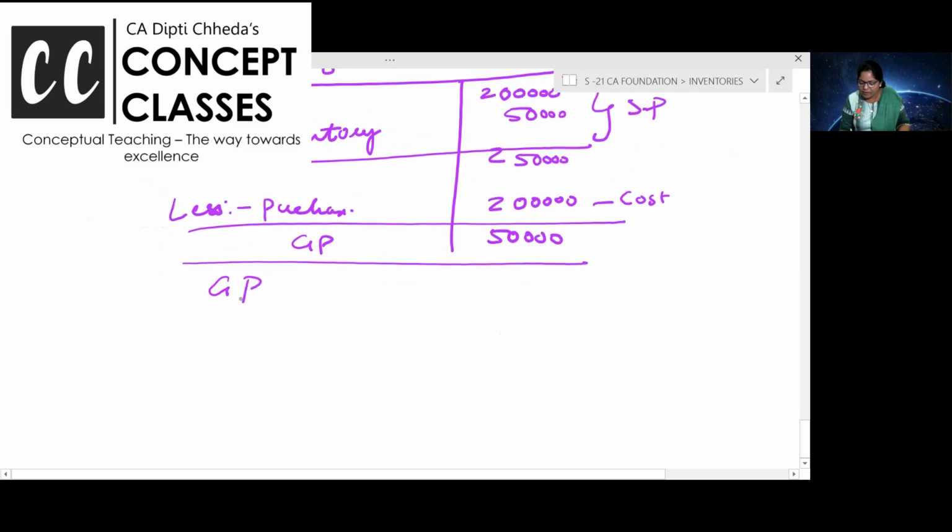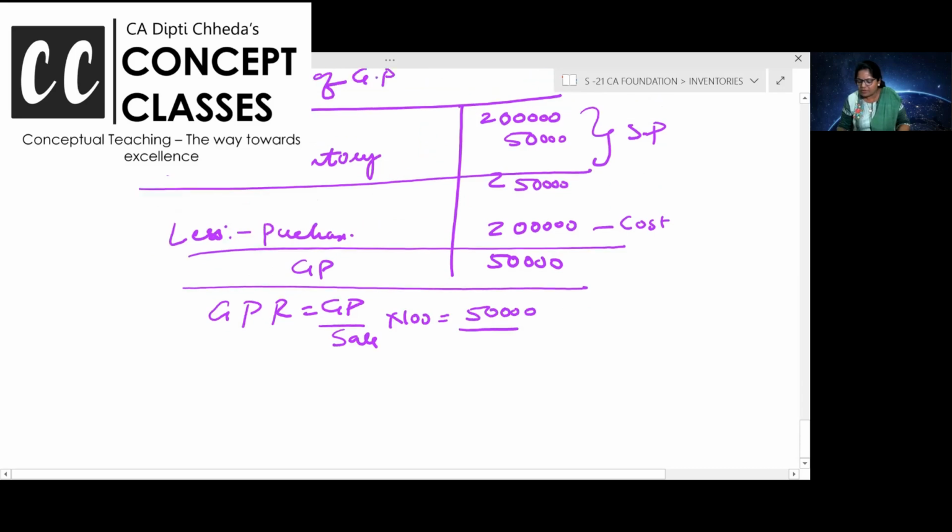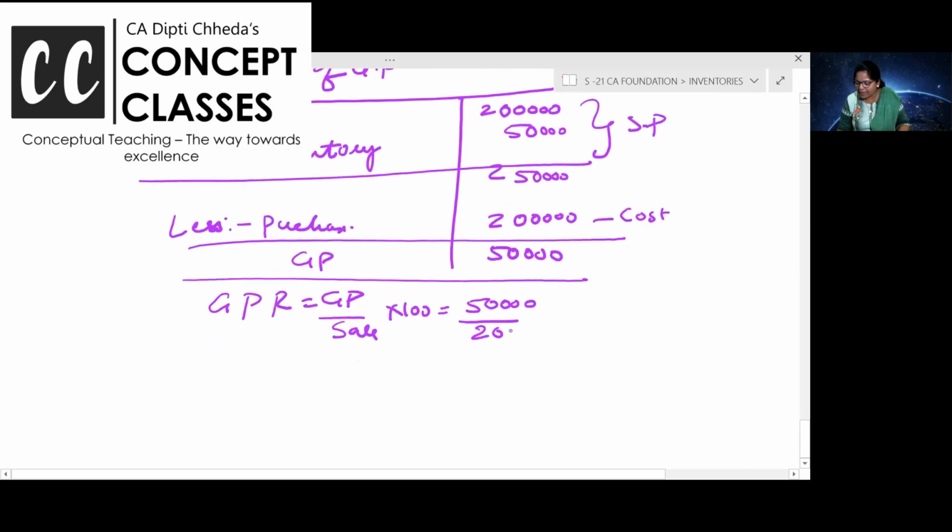And now GP ratio is equal to GP by sales into 100. So 50,000 by 2 lakh into 100. Oh, sorry, 50,000 by 2,50,000.